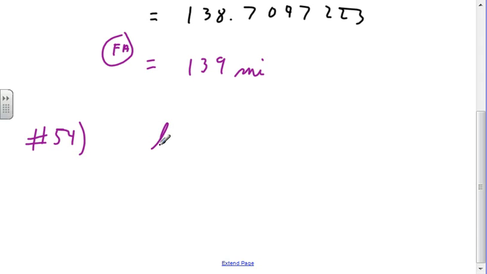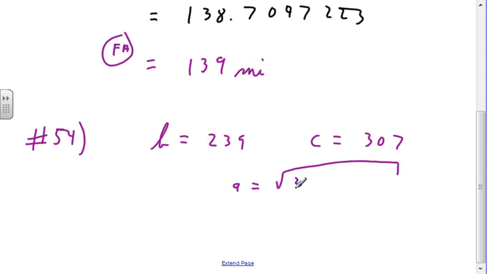Okay, so we know that B is 239, and we know that C is 307, so we need to find A. So A is going to be the square root of 307 squared minus 239 squared.